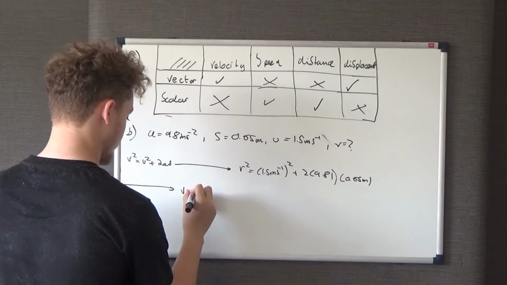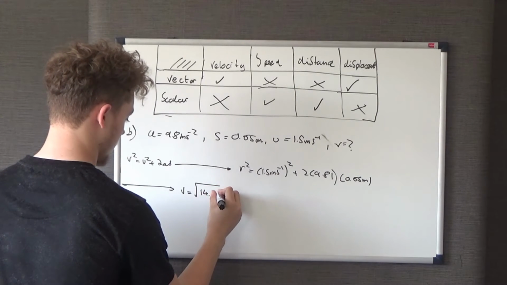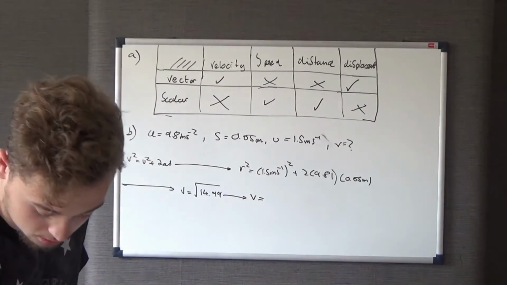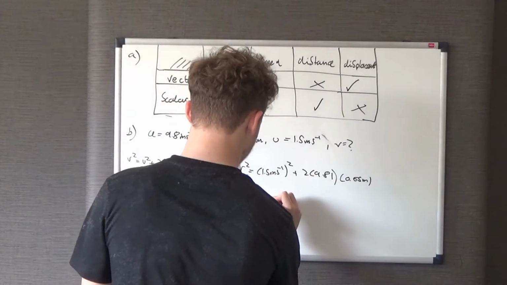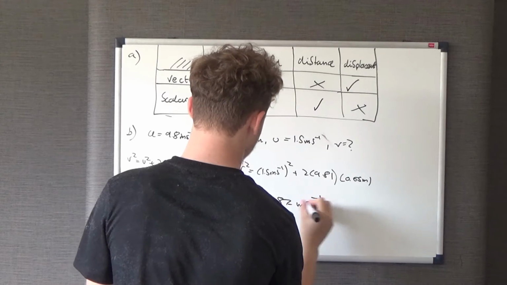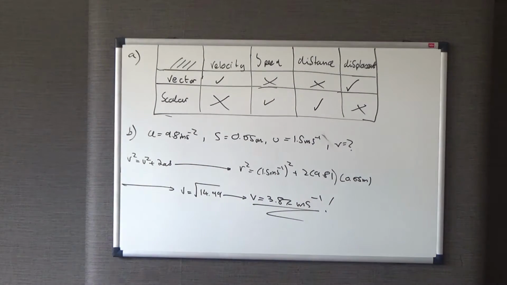So V squared is equal to 14.99, therefore V is the square root of 14.99. The velocity is 3.87 meters per second, which is therefore about 4 meters per second. Hopefully you can understand where we've got that from.